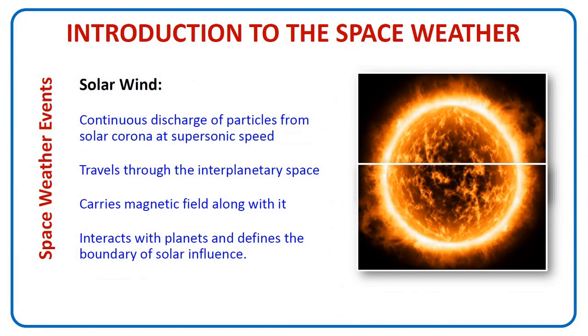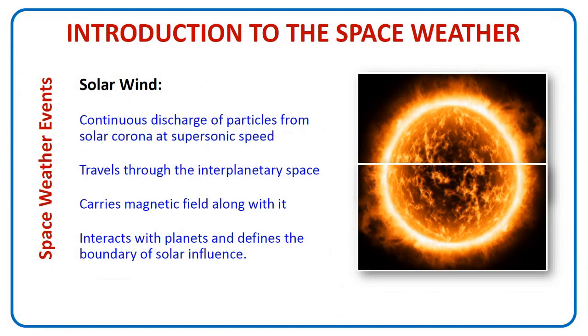So if it is around 300, 350 kilometers per second, we call it a slow wind. But if it exceeds 500 kilometers per second, we call it a fast wind. So there are slow solar winds and fast solar winds. Both have their origin in the sun itself, from different locations.